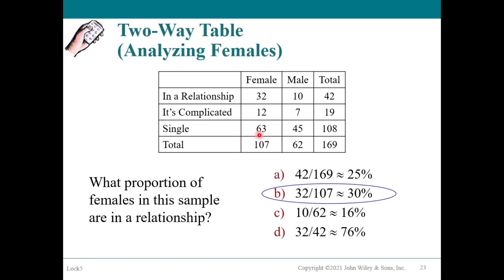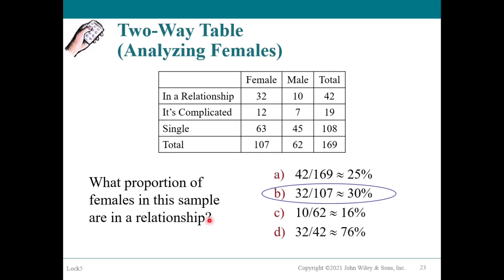So regardless of the relationship status, the female count is at the end of this column. So females in this sample is how much? It is 107. So the total for the females in this sample is 107.